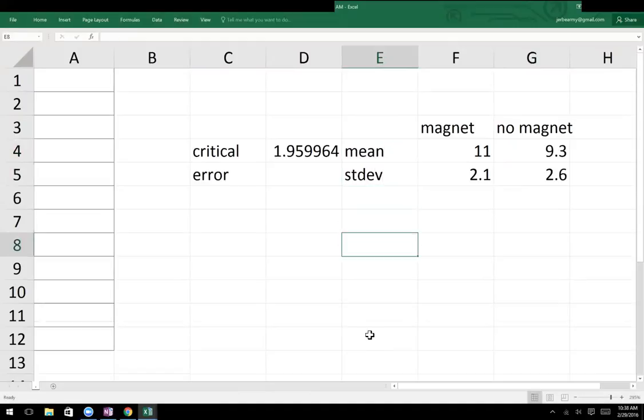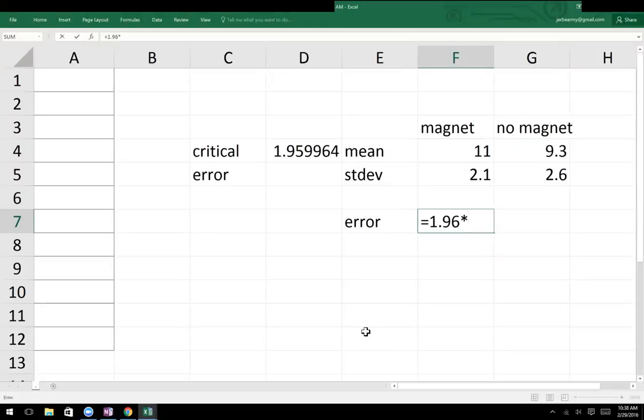So the error for each one, well, it's got three parts. It's got the 1.96. What else does it have in it? Yeah, it's got the square root of 40 in the denominator.